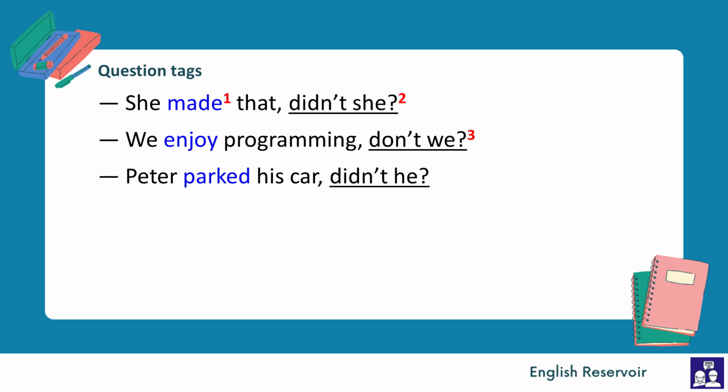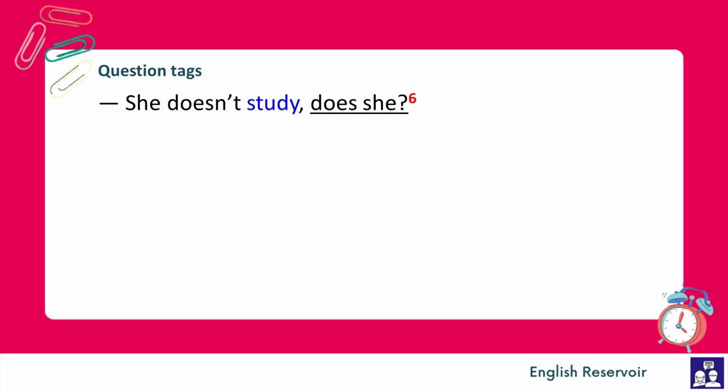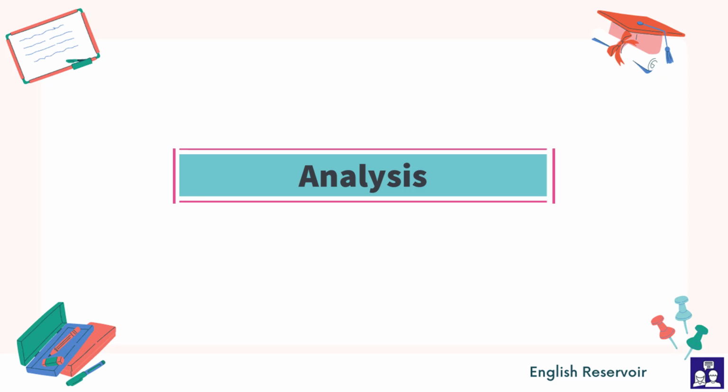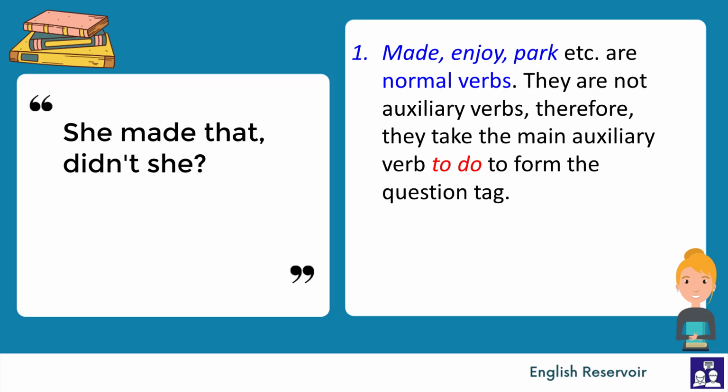Peter parked his car, didn't he? Jake has a crush on Elizabeth, doesn't he? It doesn't work very well, does it? We spend too much time indoors, don't we? She doesn't study, does she?